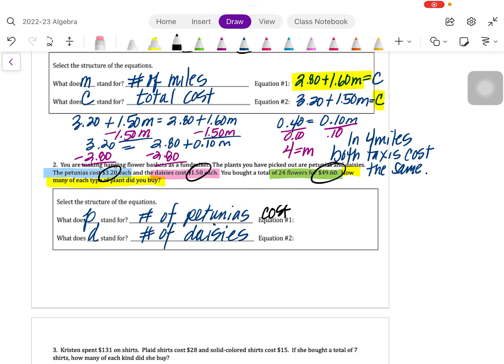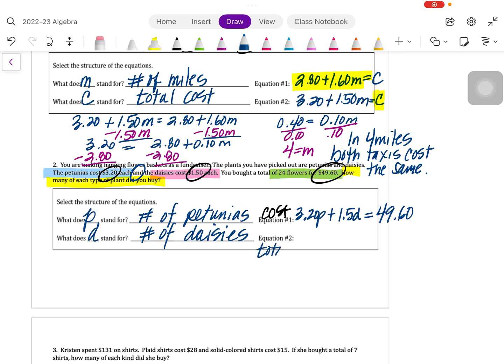So if petunias cost $3.20 each, that means I do $3.20 times each petunia. And remember, this word and indicates I'm adding $1.50 for each daisy for a total of $49.60. Okay, so this first equation is what we call our cost equation.